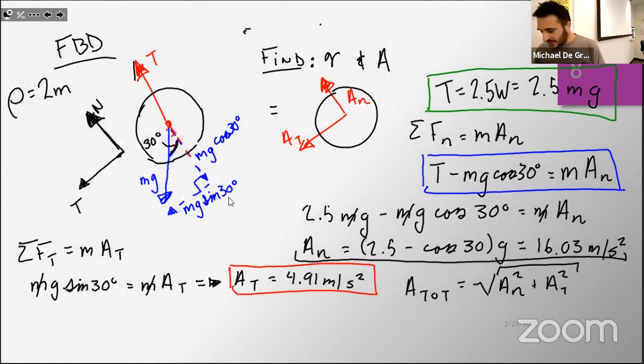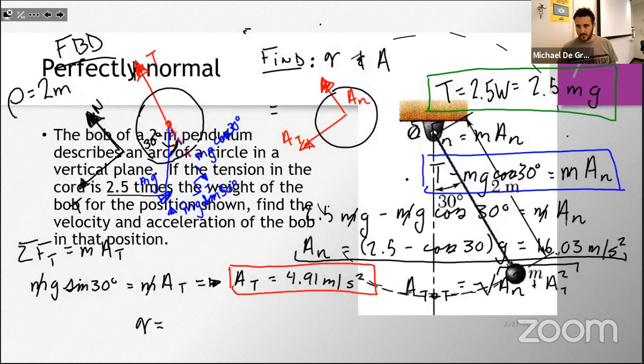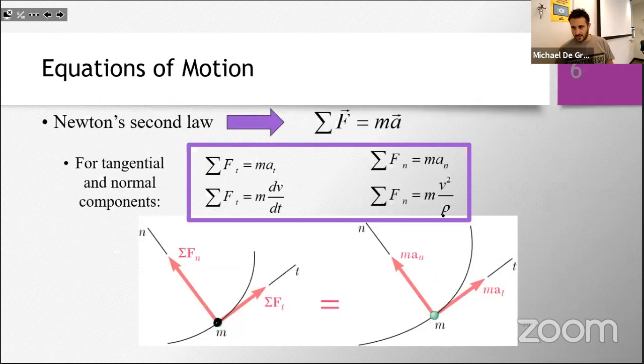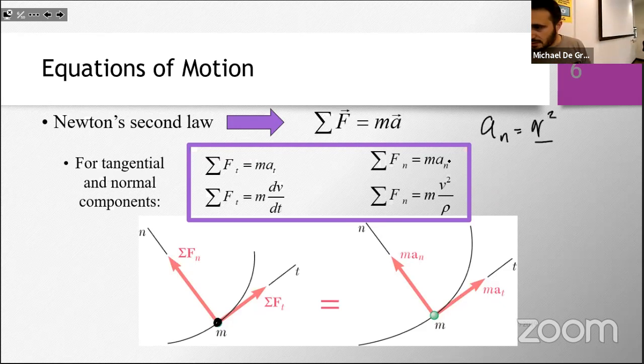Okay. So the last part is to find the velocity. So velocity is equal to what? For this one, we're going to go back a couple slides and we'll talk about it. Look, my normal acceleration here is equal to what? It's equal to my velocity squared divided by rho, right? So if we run off this equation, which is one that we derived a few classes ago, we can rearrange this.